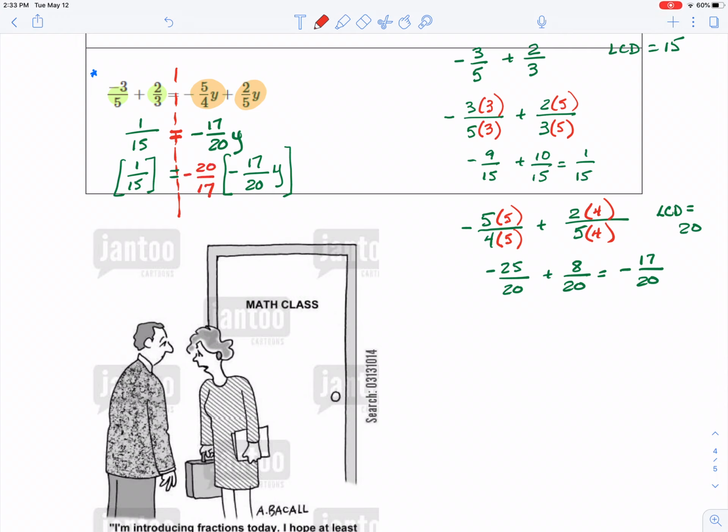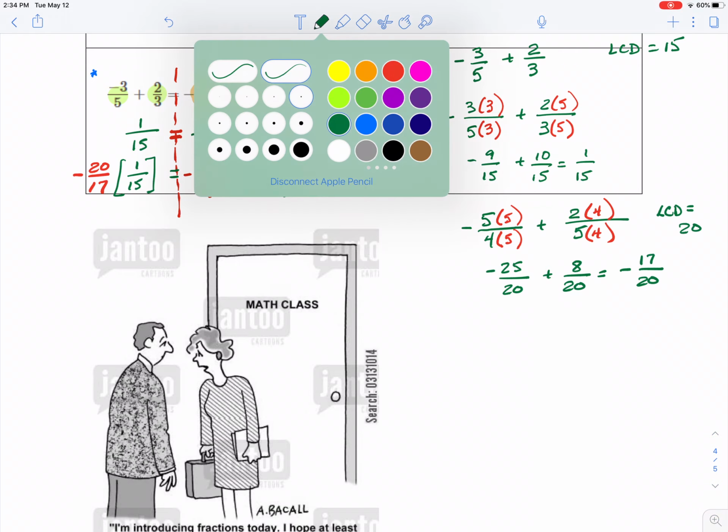And the reciprocal, notice it keeps the same sign. So if it's a negative 17 over 20 to start, then its reciprocal is also negative, and the numbers flip to give you 20 over 17. And of course, here I am balancing. Whatever I do on the left side, I have to balance with what I do on the right-hand side.